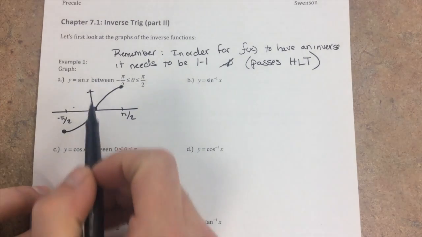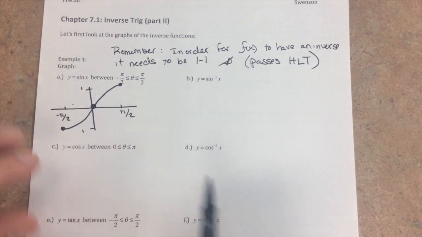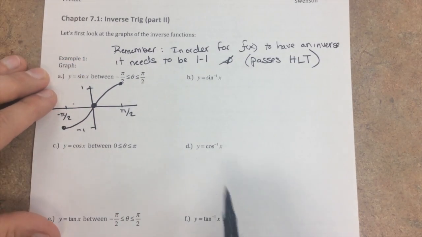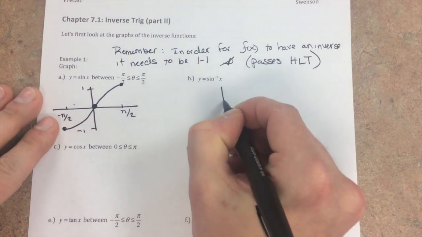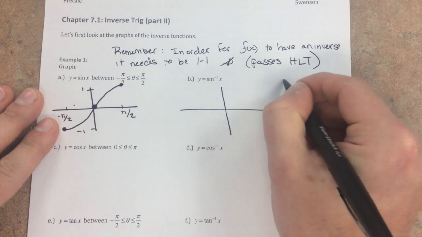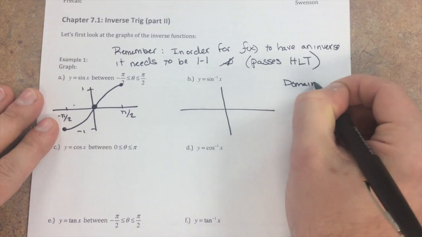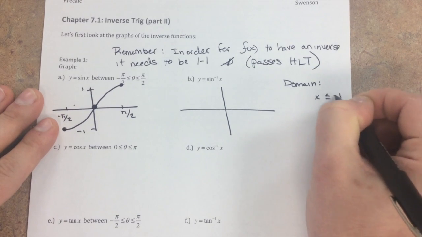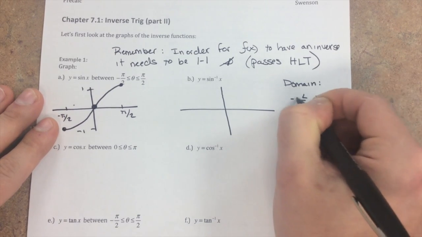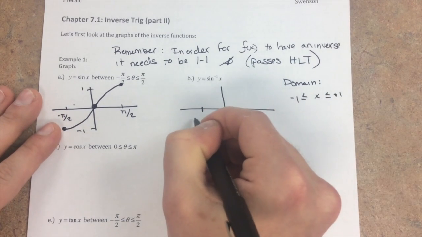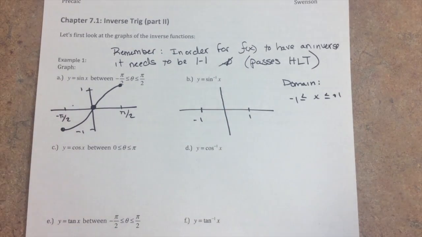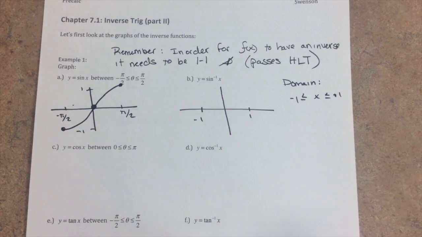So if we look and see that our highest values are 1 and negative 1, that means our domain for inverse sine is going to be where x is between positive 1 and negative 1. Okay, so negative 1, positive 1. And if you remember graphically, to find the inverse, we switch the x values with the y values.